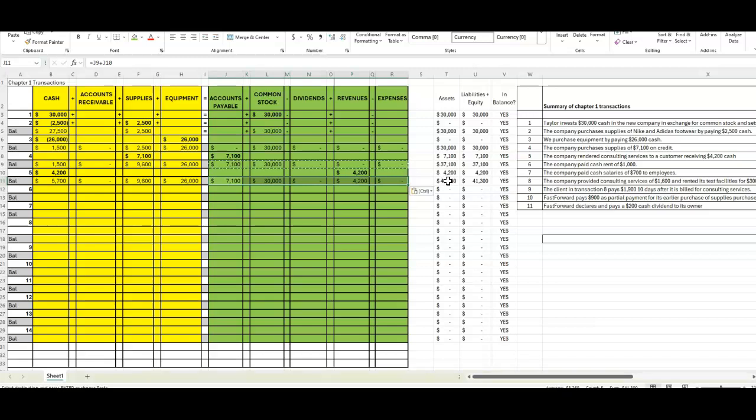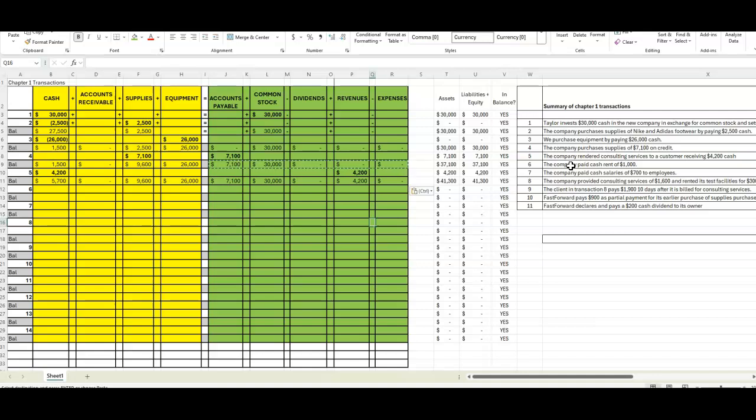Now we have $41,300 on each side. $30,000 plus $7,100 plus $4,200, and then $26,000 plus $9,600 plus $5,700. Cash went up, and revenues went up. Asset, equity.